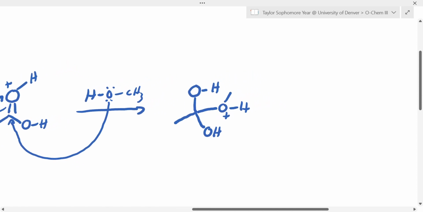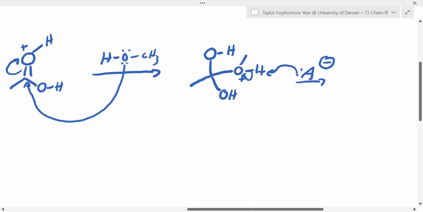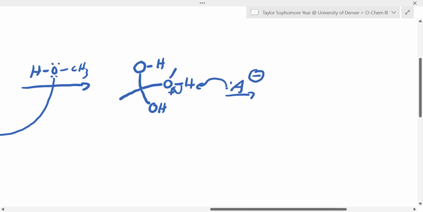So from there, you can use any nucleophile, probably like a good acid. We'll put A for short. And this acid will take one of the hydrogens, particularly this one, allowing the oxygen to have two pairs of electrons. That will produce O and a minus.